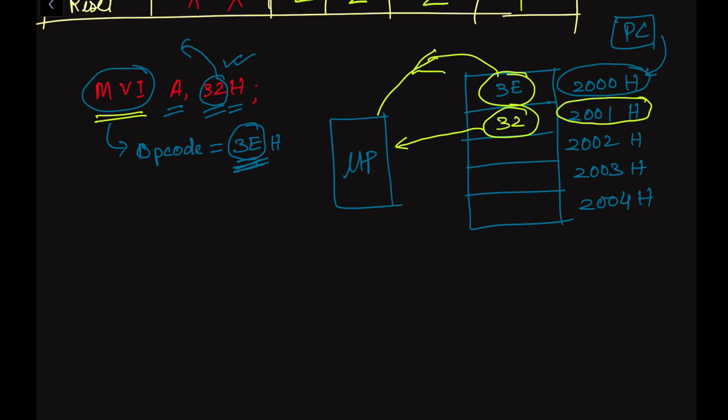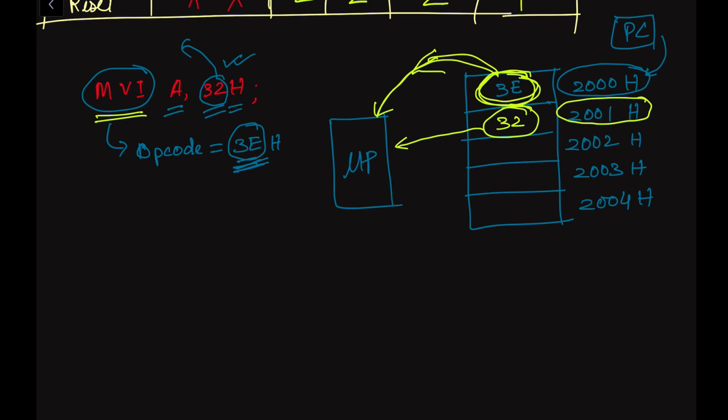So here we can see that this 3EH is the opcode for this instruction MVI, and 32 is the data. In the first machine cycle, this 3EH will be transferred into the microprocessor, and the microprocessor will decode this instruction in the 4th clock cycle, understanding that this is the immediate move instruction.